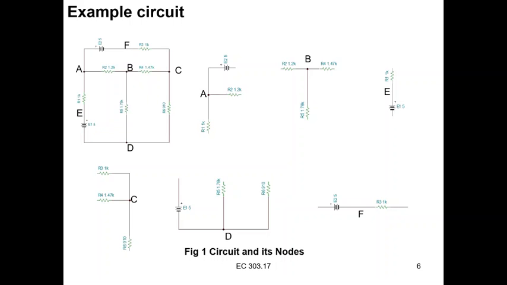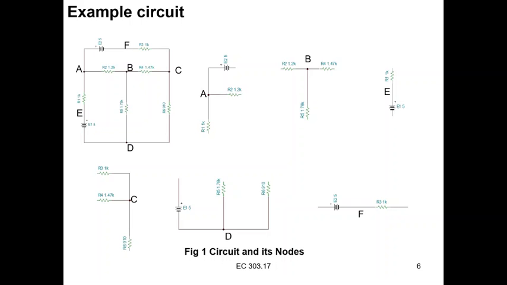See here, whatever is connected between the nodes is called a branch. Between A and D, there is a branch, that is R1 1K and E1.5 connected. That is one branch.